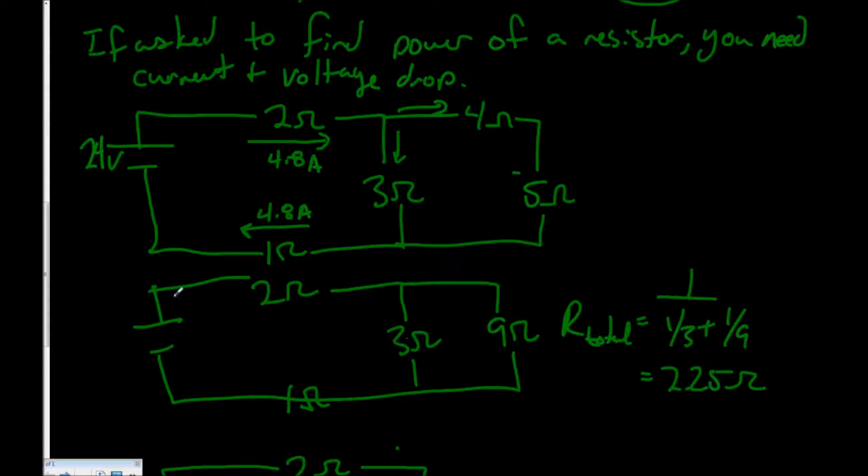Okay, what's the total voltage drop from this plate to this plate as the current travels through the circuit? Total voltage drop is 24 volts, right? So 24 volts, there's going to be a voltage drop here, here, and also here. So do we have enough information to work our way back and figure out what the voltage drop must be across this parallel part?